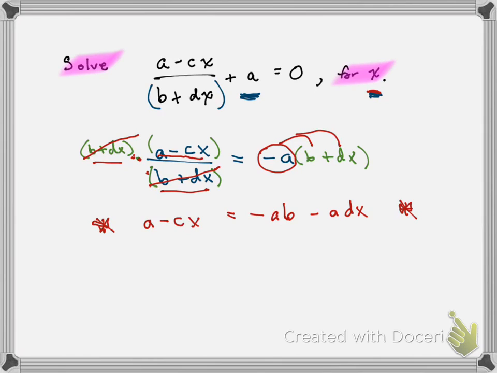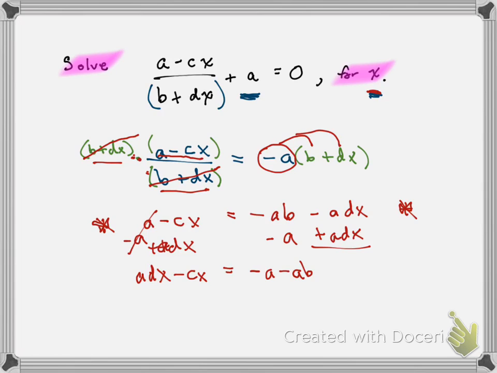You have options. I will add an adx to both sides, and I'll subtract a. And that leaves us with positive adx minus cx is equal to negative a minus ab.